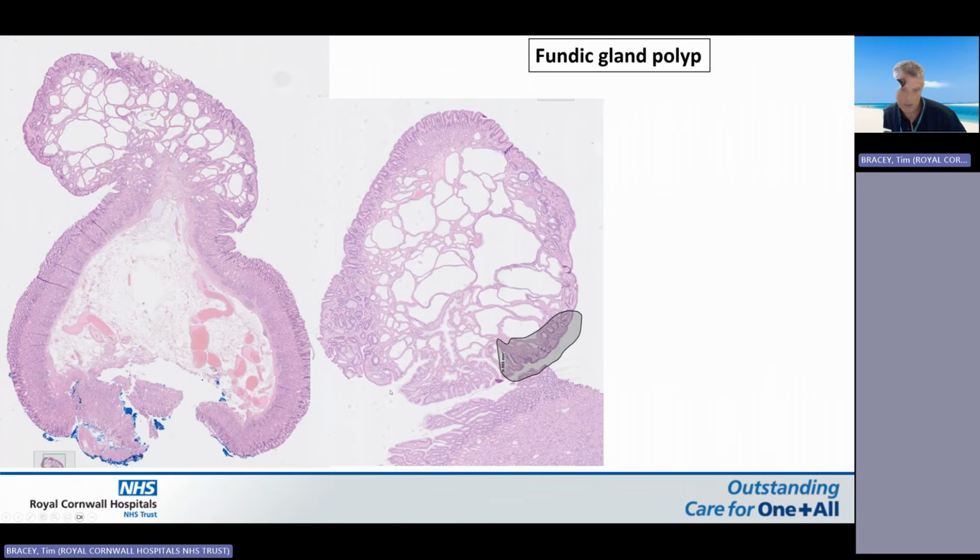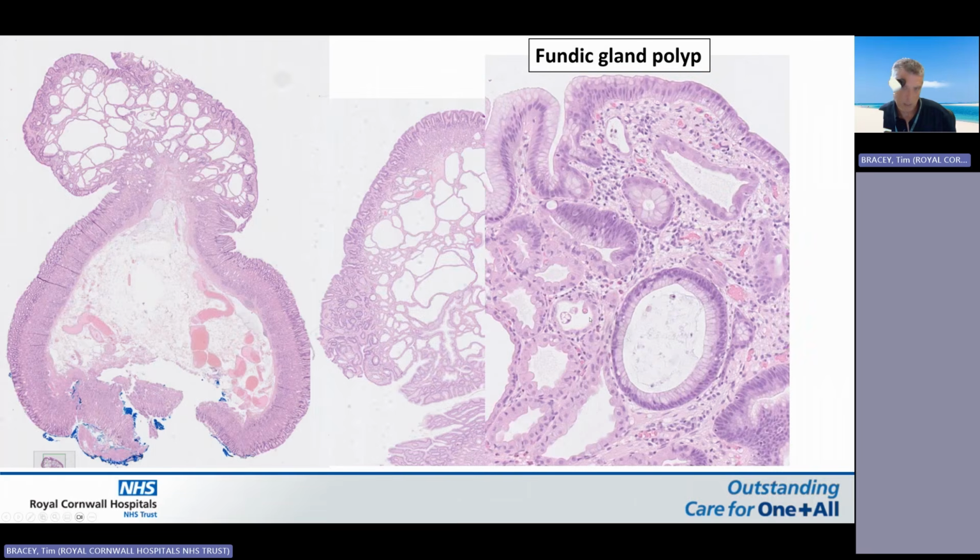In fact, you can see down here in the mucosa surrounding the polyp that there's other dilated glands, and if you look closely, there'll probably be some other changes that are classical of PPI use, sort of omeprazole, lansoprazole. This was an area that a colleague of mine asked me to look at, was concerned about dysplasia. Same principles that I was talking to you about before.